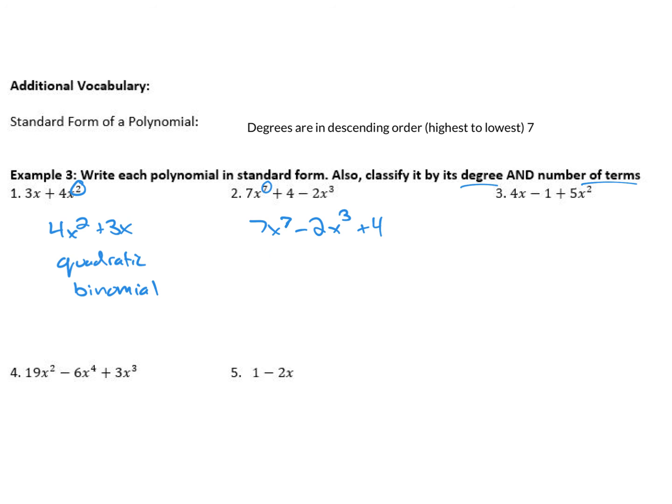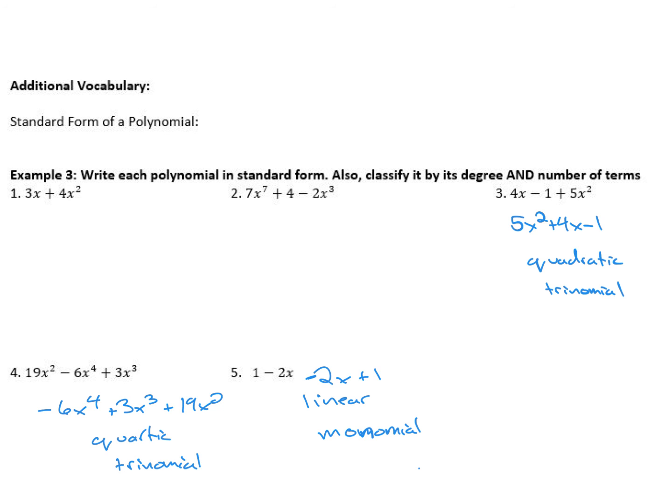Now, we don't have a term for that, so we could just say it's a 7th degree polynomial. And when we look at the terms, well, we count up 3 of them. We do call that a trinomial. All right, try 3, 4, and 5.